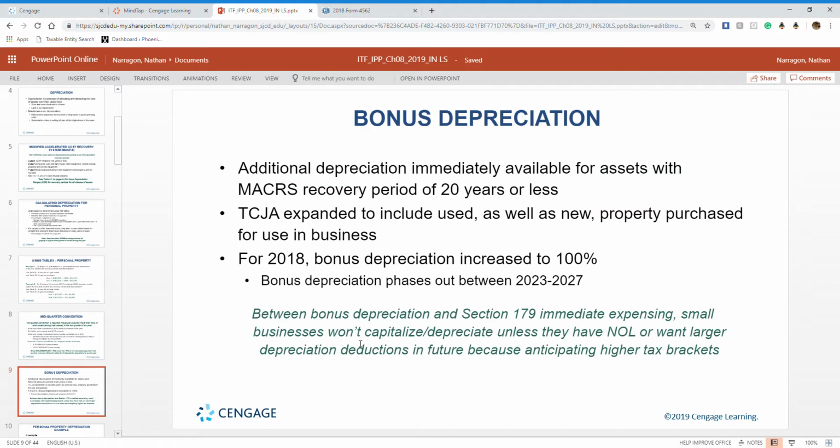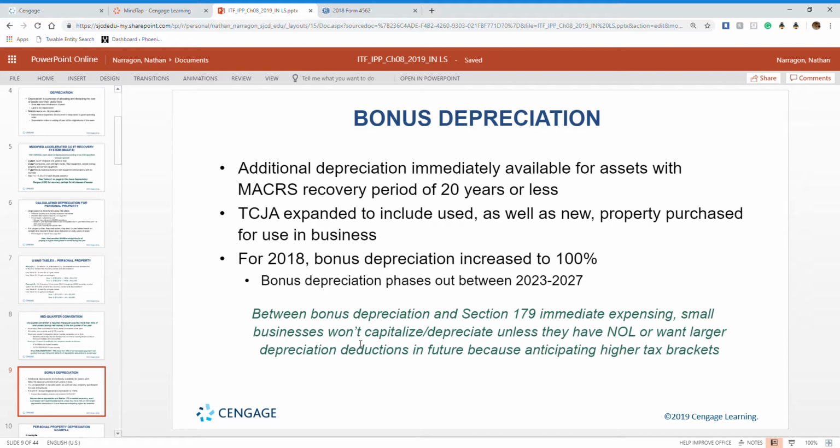The interesting thing that we've also got, there's other ways to depreciate, and our little special depreciations we call them. And one is bonus depreciation. And bonus depreciation allows us to take a lot more depreciation quicker. And it's really only for assets 20 years or less, or basically personal assets.